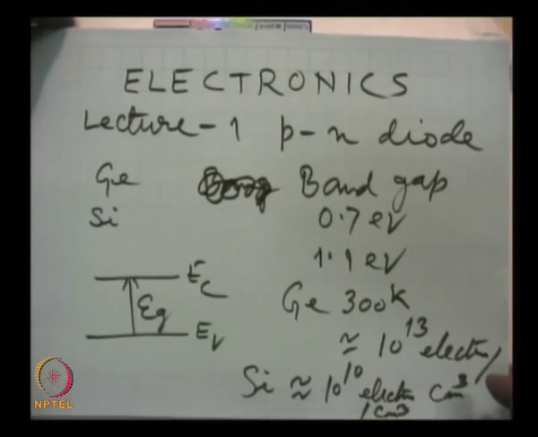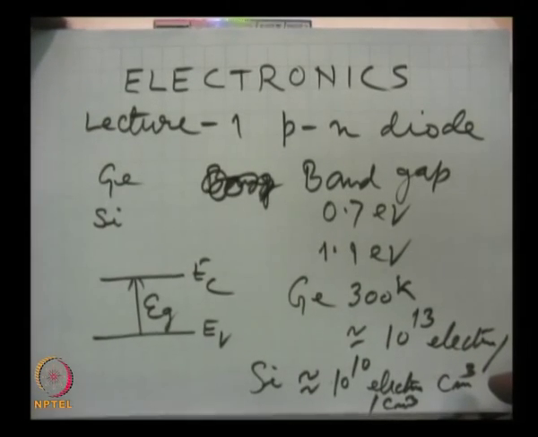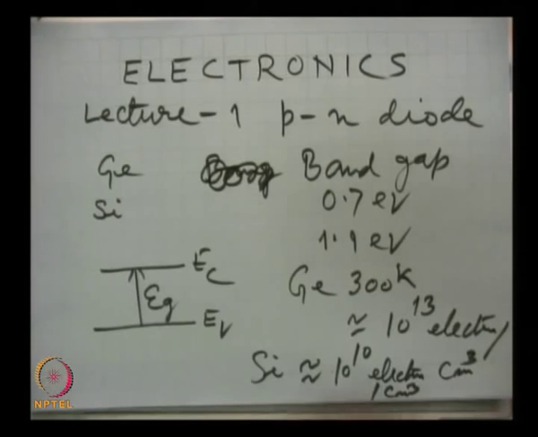Now, I often ask the students which of the two semiconductors they feel is better, and many times they tell me that germanium is better because there are 10 to the power 13 electrons per cubic centimeter, which is 3 orders of magnitude higher than in silicon.